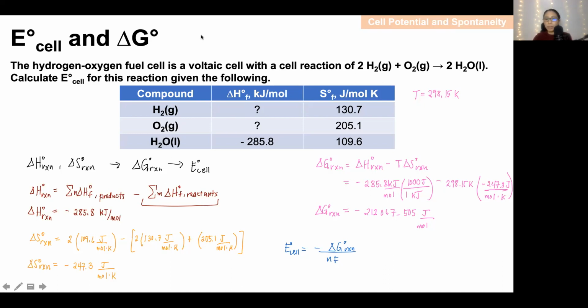Okay, so the one that is oxidized is hydrogen. So in our anode, our half reaction is H2 gas forming water liquid plus 2 electrons.